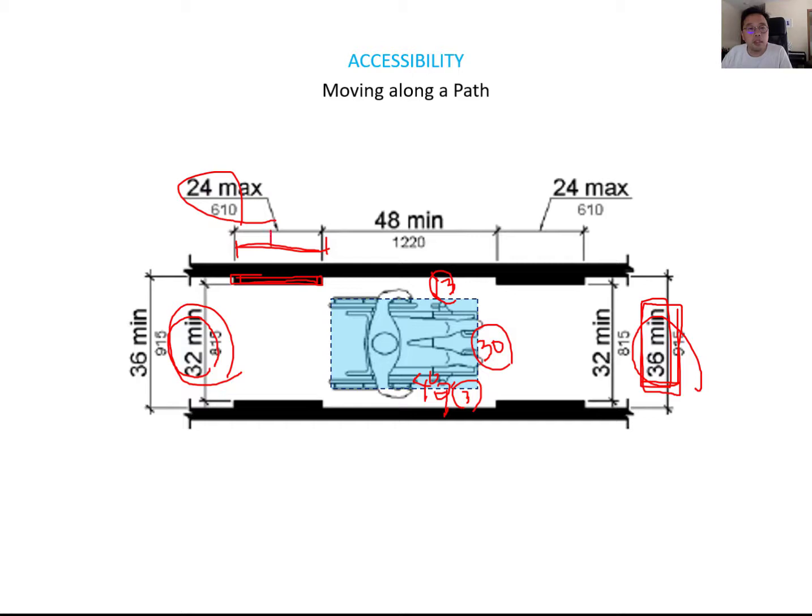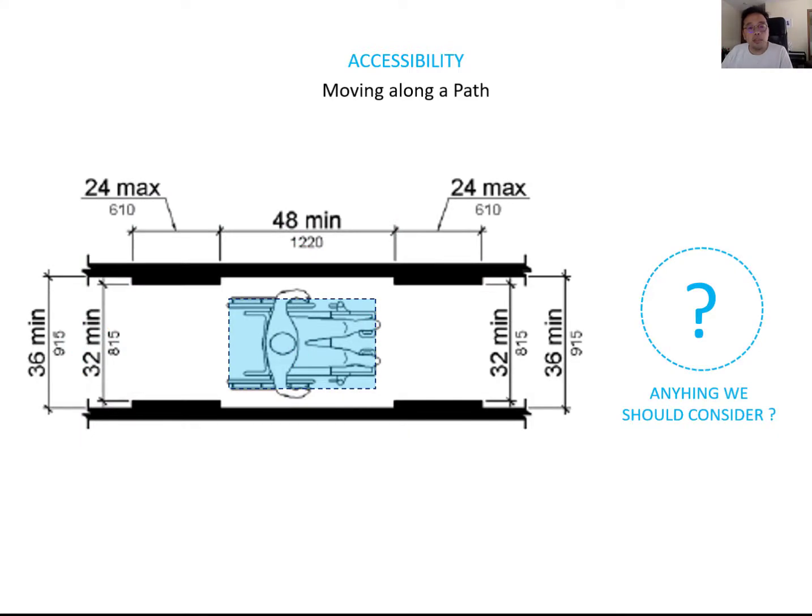And then between column to column, or one protruding part to another, the clearance has to be more than 48 inches, because 48 inches comes from the 30 by 48 inch minimum clear floor space. So when you know this minimum clear space, it is easy to apply and understand when designing common spaces.